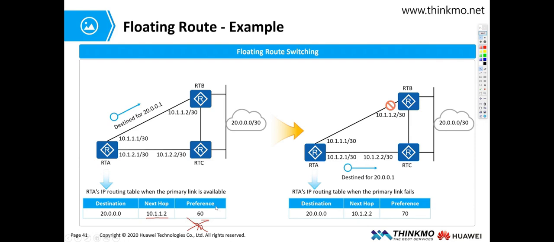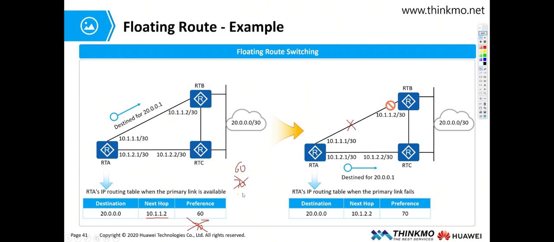Only the one with a priority of 60 will appear in our table, and RTA will send the traffic to 10.1.1.2. Now, if the link between RTA and RTB fails, then we won't be able to reach it as before. The next hop of 10.1.1.2 will make this path ineffective. Earlier, one was 60 and the other was 70, and the 70 lost the comparison, so it didn't appear in the table.